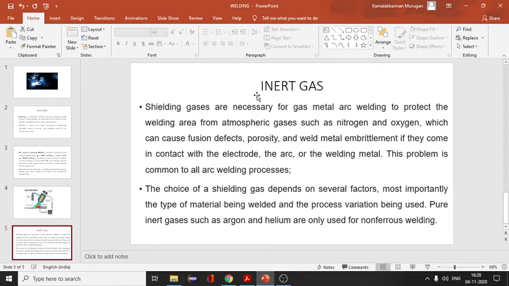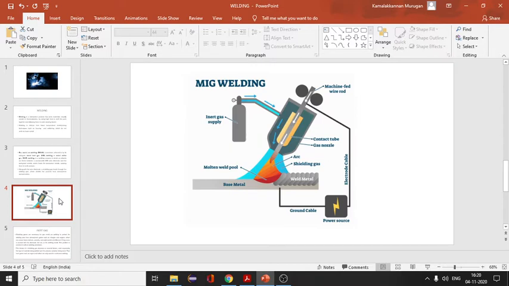We know that the property of the normal base metal and the oxide is not going to be the same, and there will also be some other factors that come into the picture. To overcome this, we use this inert gas. I hope you know the meaning of inert gas. That means this gas is not going to react with your base metal.